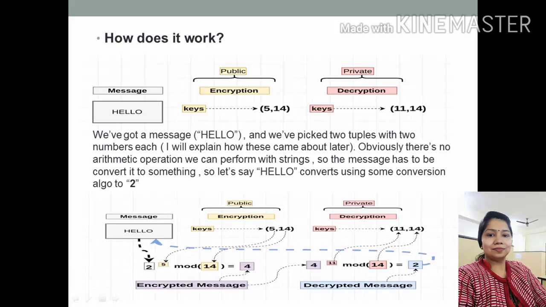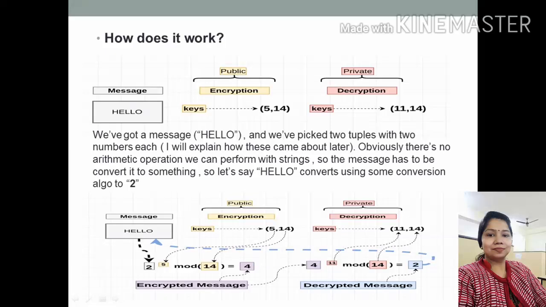We have a message, as I have said, it is hello. No arithmetic operations are performed with a string, so the message has to be converted into a number. Let's say that hello is converted to 2.